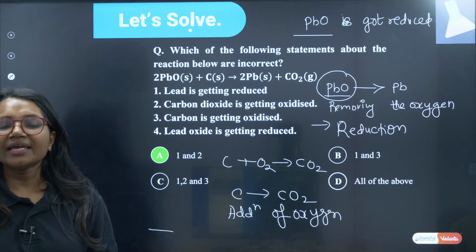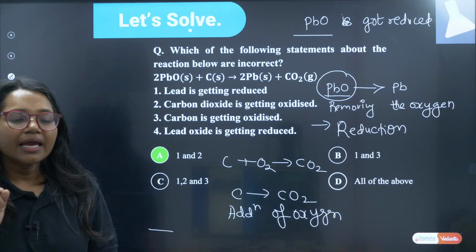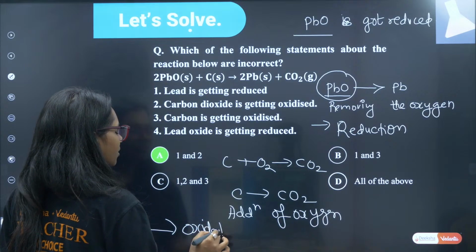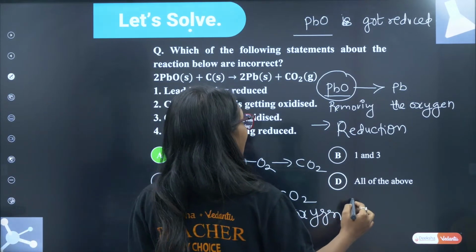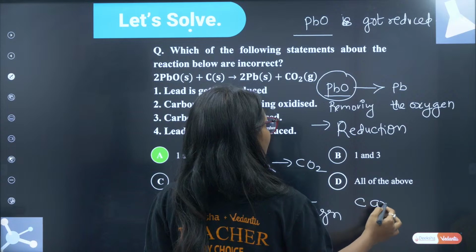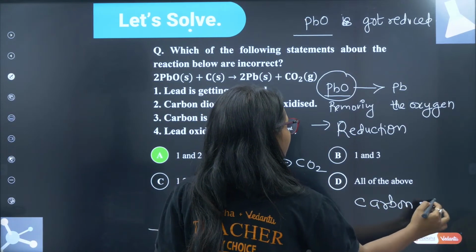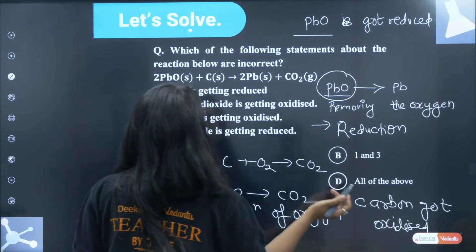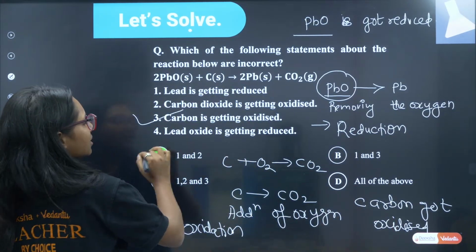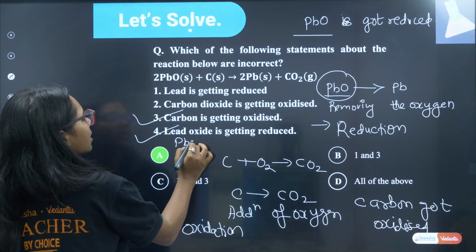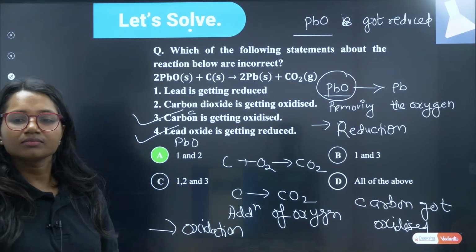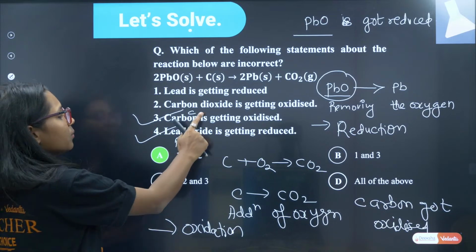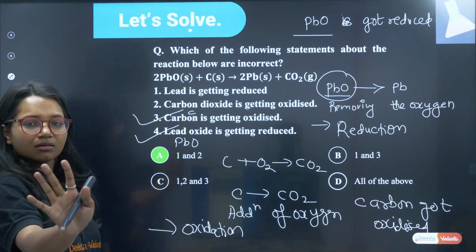It means oxidation, correct. So can I say that carbon got oxidized? Yes. So these two statements, carbon getting oxidized and lead oxide got reduced, are correct. Clear, guys? Now it is clear. So statements number 3 and 4 are correct.